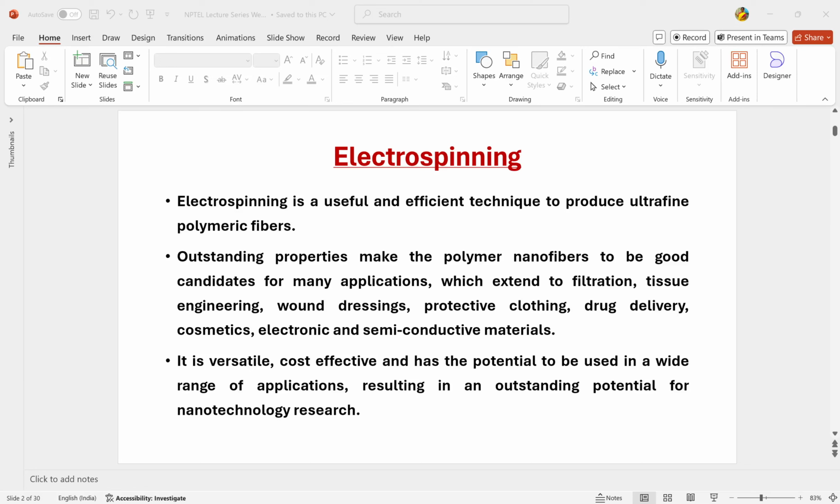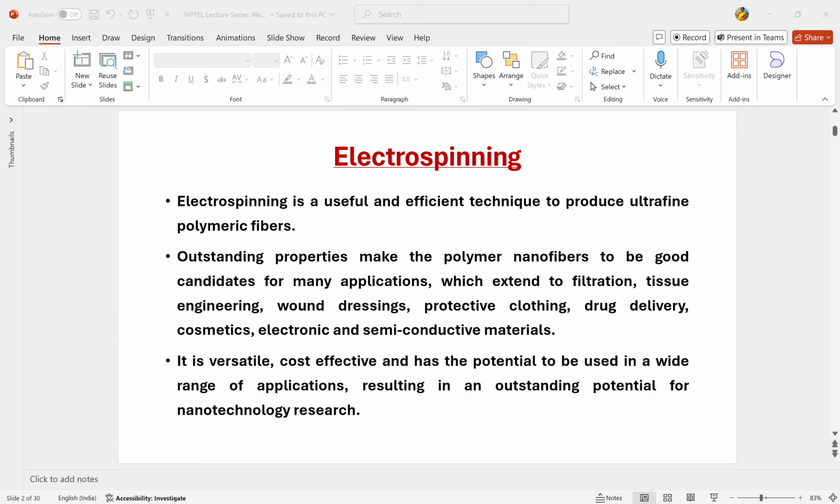Electrospinning. What will you form by electrospinning? Fibers. Yes, correct. Now you're correct. Nanofibers. So, what is the use of the fibers? What application can you have for nanofibers?